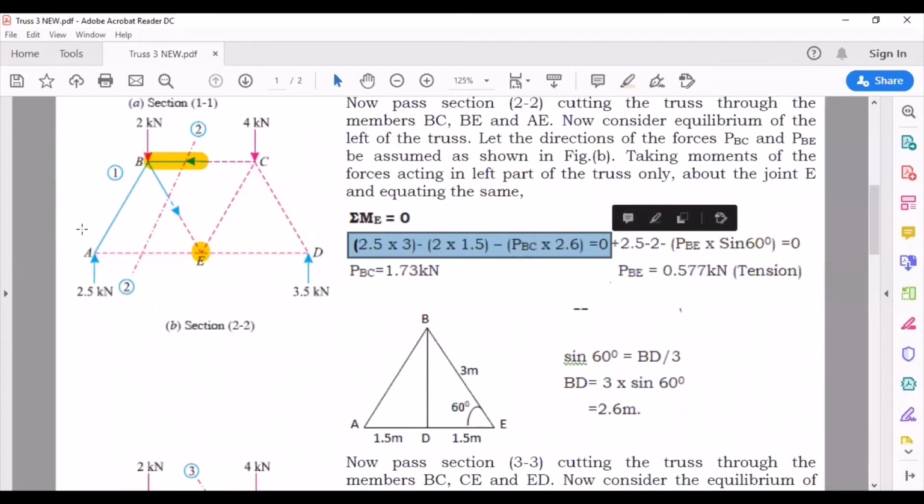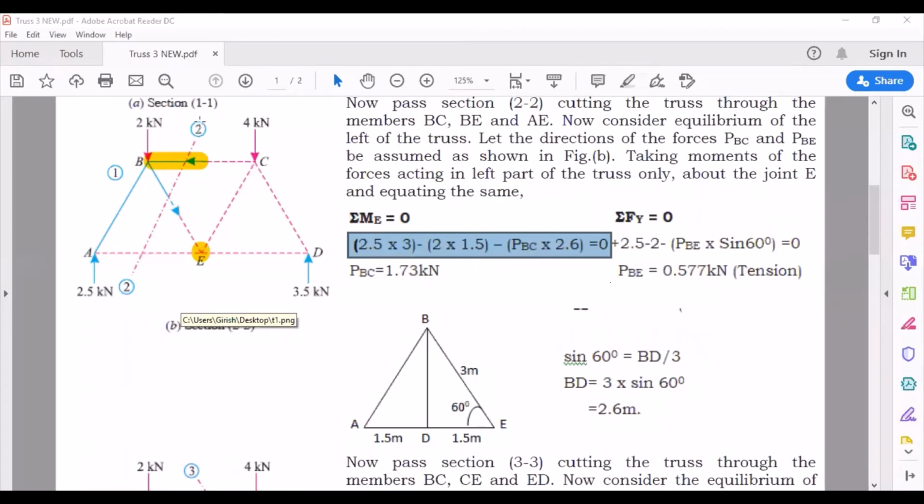Now, one more question arises. Why have we not considered this member AB? Always keep one thing in mind: whenever you are taking a moment, you are supposed to consider the forces, that is member forces, of only those members which are cut by the section.